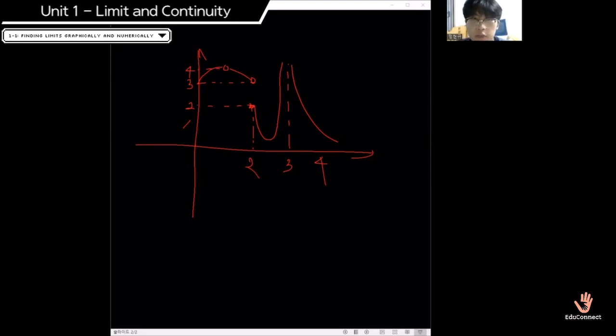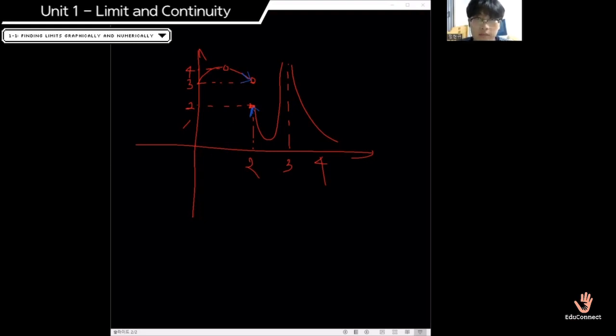The limit as x approaches 2 for this graph does not exist. The reason is that as x gets closer and closer to 2 from the left side, the value of the function is approaching 3. But as x gets closer and closer to 2 from the right side, the value of the function is approaching 2. Therefore, the left side and the right side are not approaching the same number. So the limit of the function does not exist.